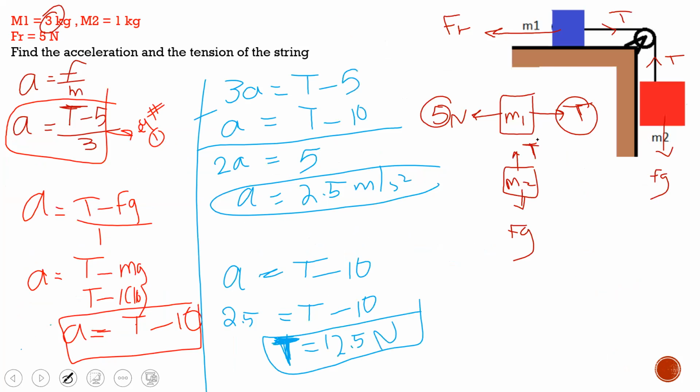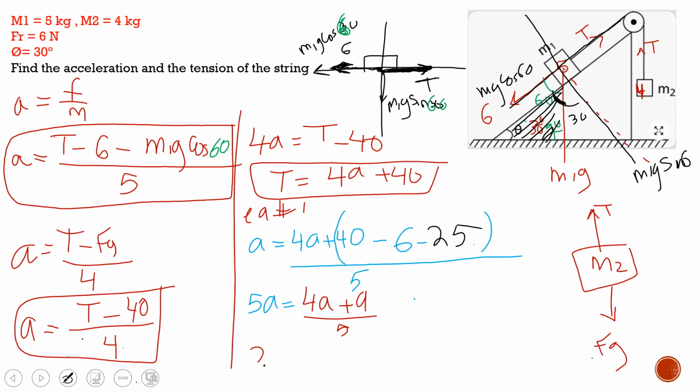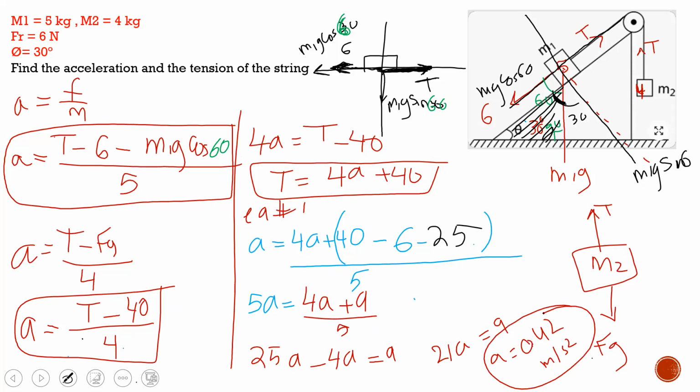Then 20. 5A minus 4A is 9. So 21A equals 9. So A will be 9 over 21, which is 0.42 meters per second squared. This is for the acceleration.